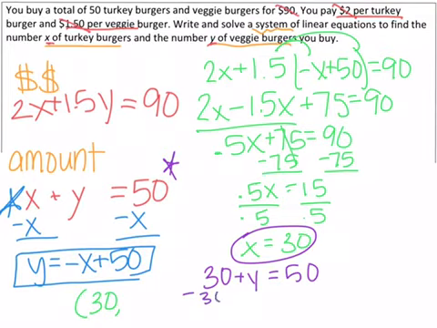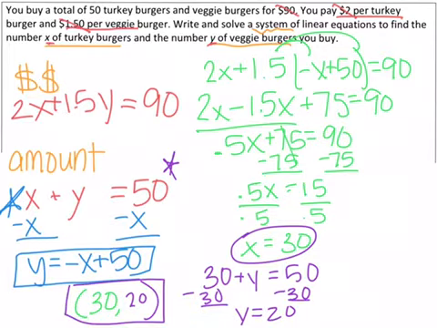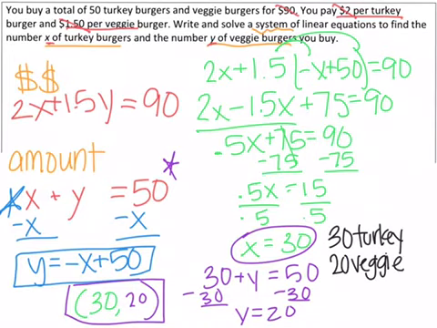When I subtract 30 over, I get y equals 20. So my answer is 30 comma 20, but let's talk about what this means. What this means is that we buy 30 turkey burgers and 20 veggie burgers, completely total.